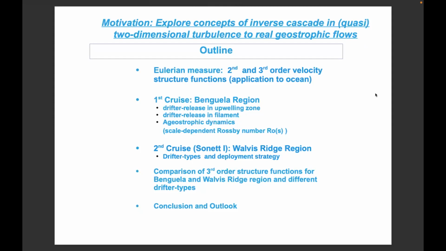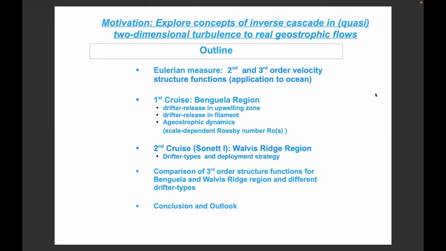This inverse energy cascade is an important feature in fluid dynamics, and it was Kraichnan who showed that due to the constraint of energy and enstrophy, there shall be energy flux towards larger scales and enstrophy towards smaller scales.